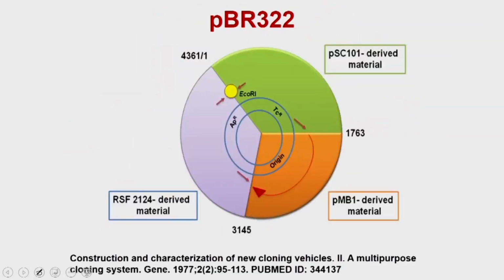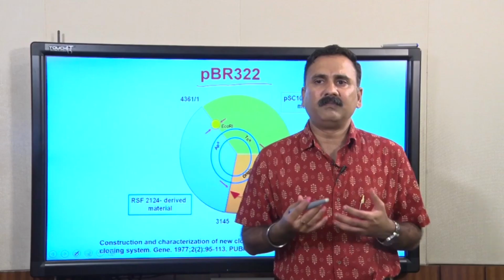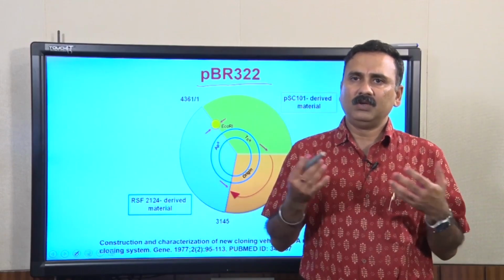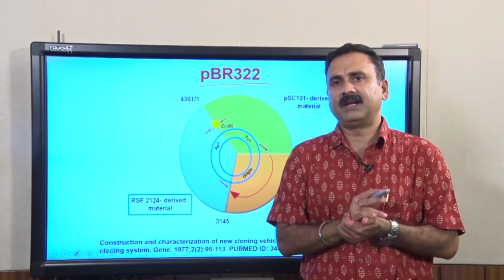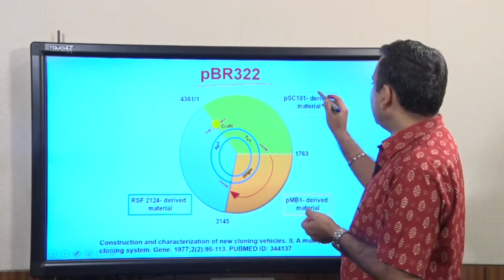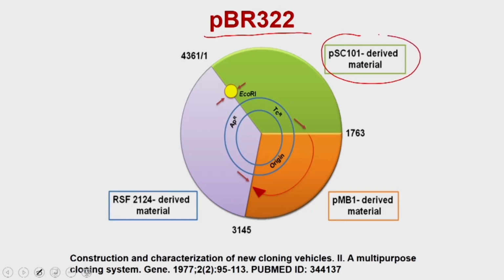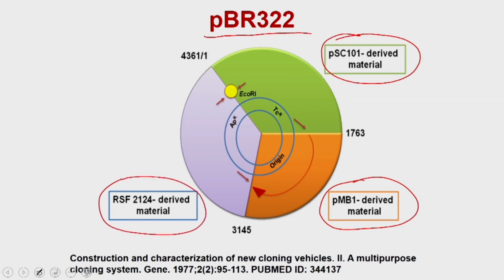When people started molecular cloning, in the beginning they were using natural plasmids present inside the bacterial cell, like pSC101, pMB1 or RSF2124.